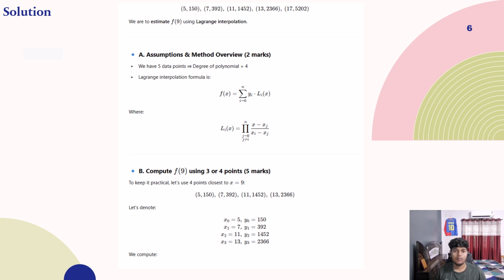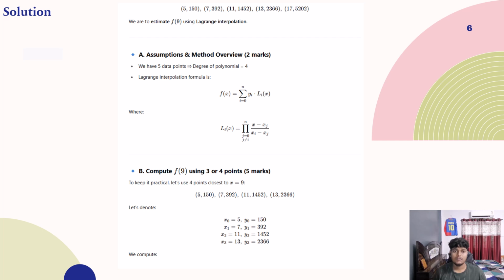Coming to part B, computation of f(9) using 3 or 4 points. In the Lagrange formula, where L_i(x) is computed for x = 9, we compute each L_i and L_0 as shown in the slides.